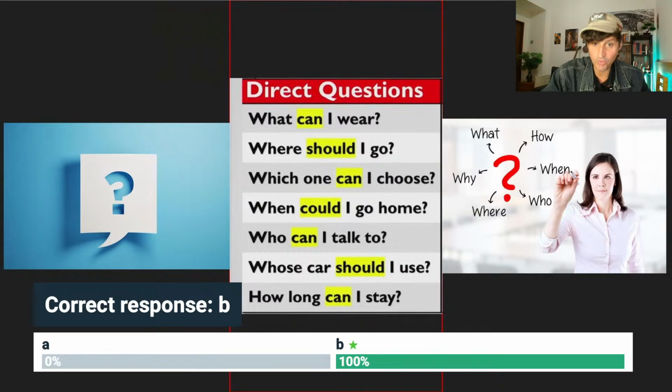So what can I wear? Very simple. Where should I go? Which one can I choose? When could I go home? Who can I talk to? Whose car should I use? How long can I stay?